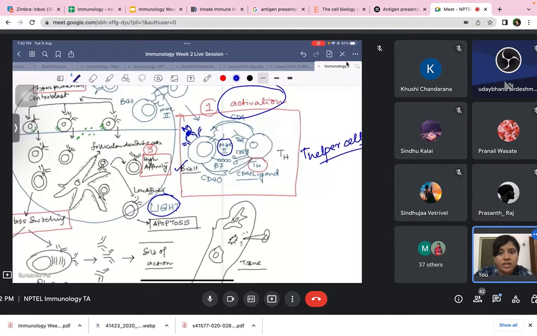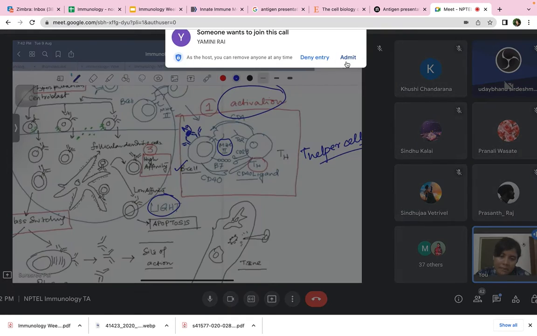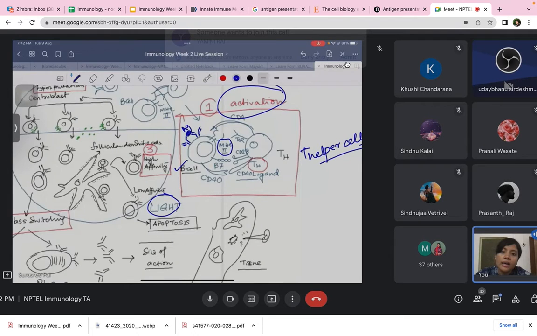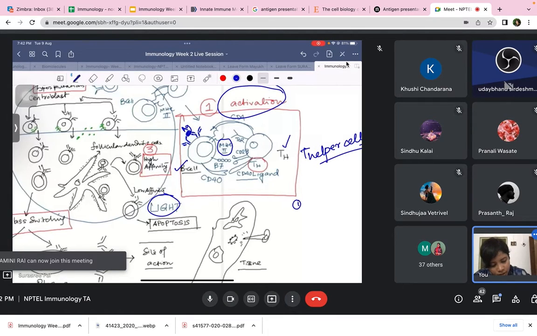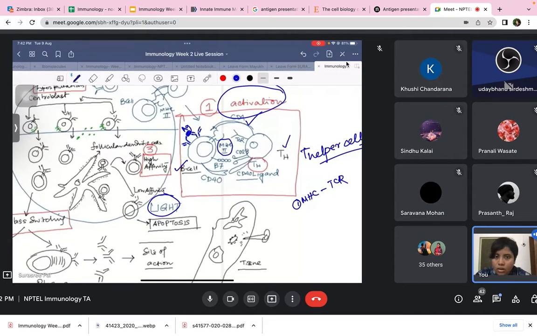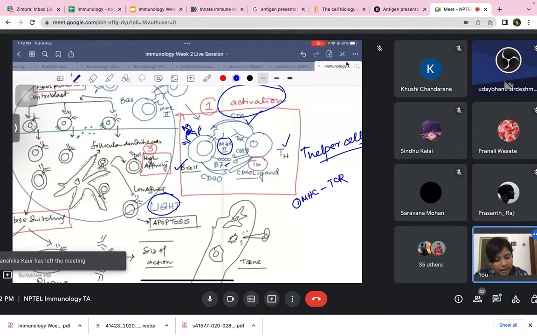They express MHC class 2, and these MHC class 2 molecules now interact with the T cell receptors of the T helper cells, right? The MHC class 2 T cell receptor interaction starts, and I told you already that there will be co-receptor CD4, and there also will be co-stimulatory interaction between the B7 and CD28, right?